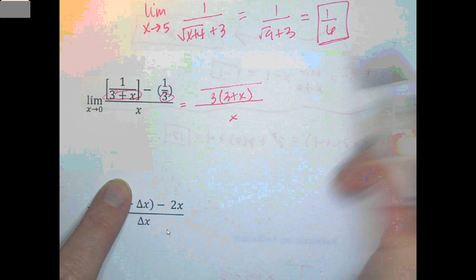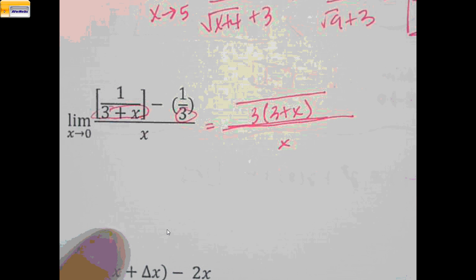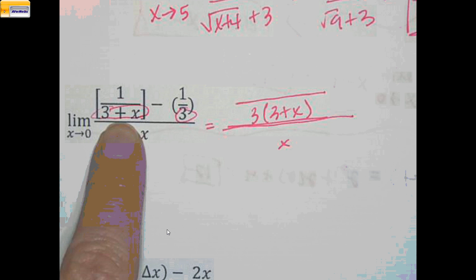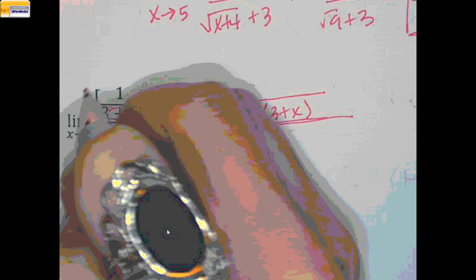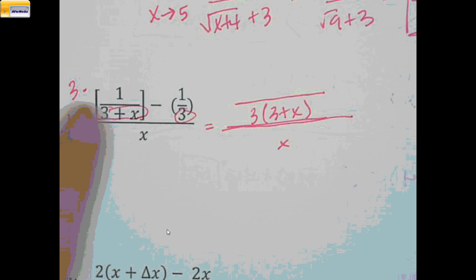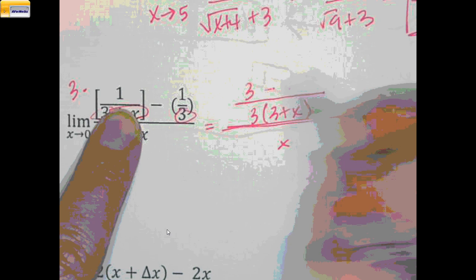Whatever you did to get the bottom, you have to do to the top. The guy on the left is 3 plus x, which I have, but I also multiplied by a 3, so I'm going to have to multiply by a 3. 3 times 1 is 3. Minus, on the right, I had a 3 on the bottom. Now I have a 3 plus x.